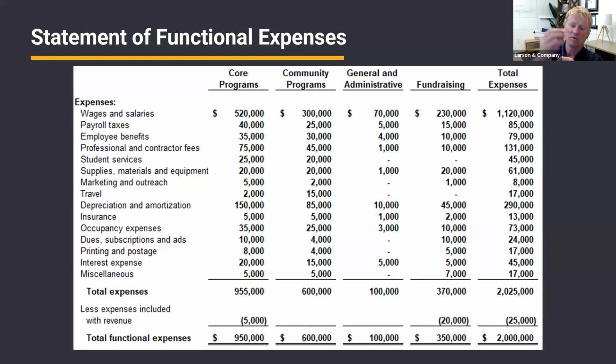That expense would typically be included up in revenue with the special events revenue, and it would net out that amount. So that's one specific example of an expense that's included with revenue that you would reduce here. Like in this example, you can see there's that 20,000 coming out of fundraising. That's most likely because of a special event and the expenses going into that fundraising activity.